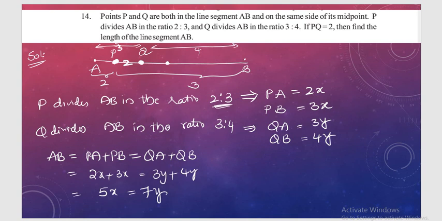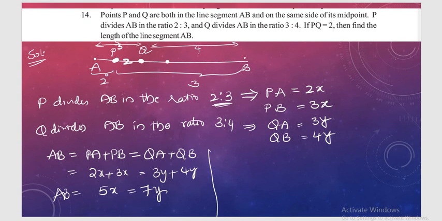Right. Now, from the figure, PQ is equal to 2 only, right? Now from that what I can say is, AP plus PQ plus QB is equal to AB.